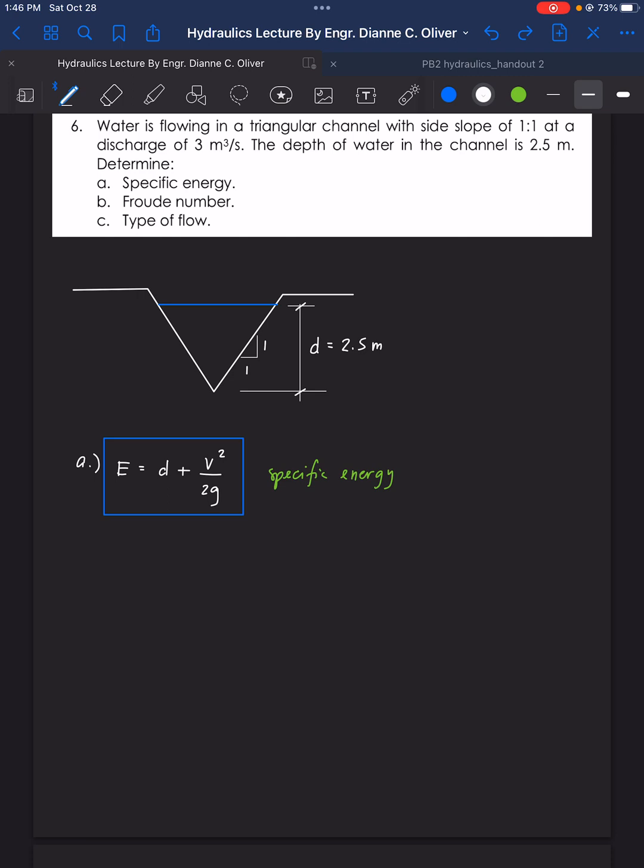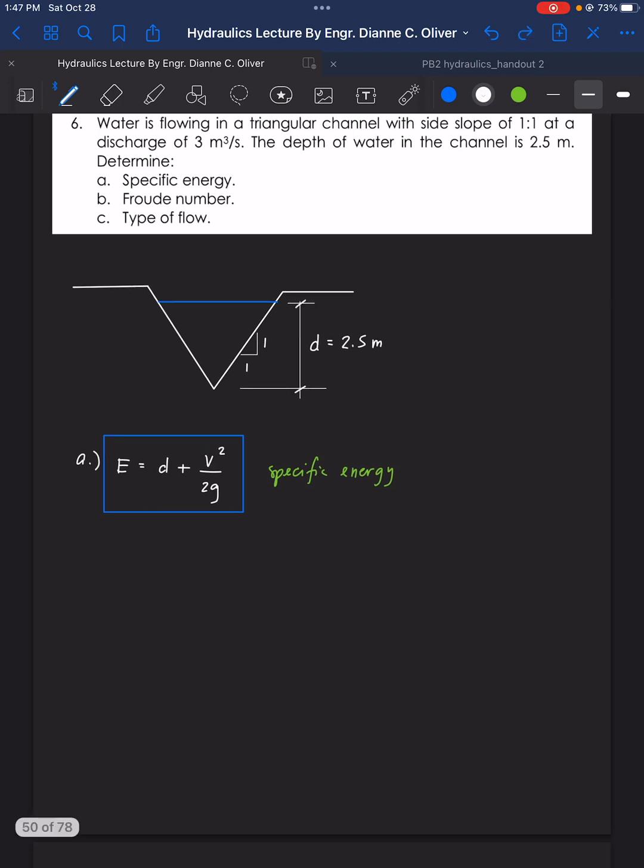So velocity, how do we get velocity? We have Q equals area times velocity, and we need to find the value for area. To find the area, we need to find first the base of this triangle, and to find the base, we need the value for x prime. So this is x, and this is x prime.